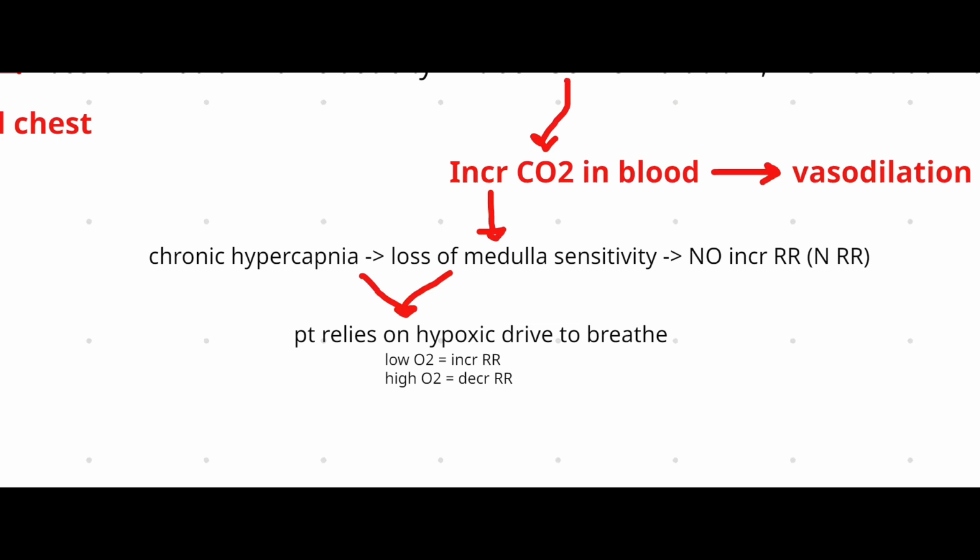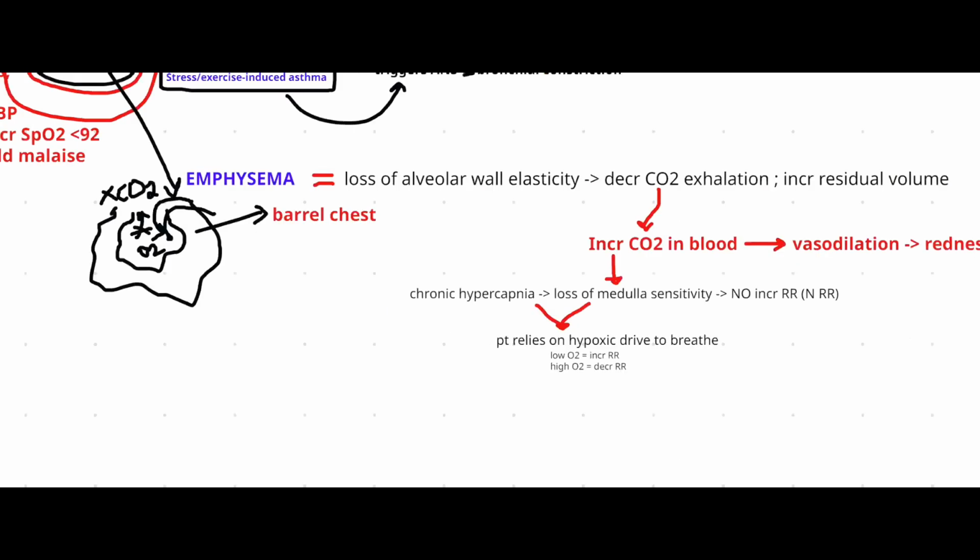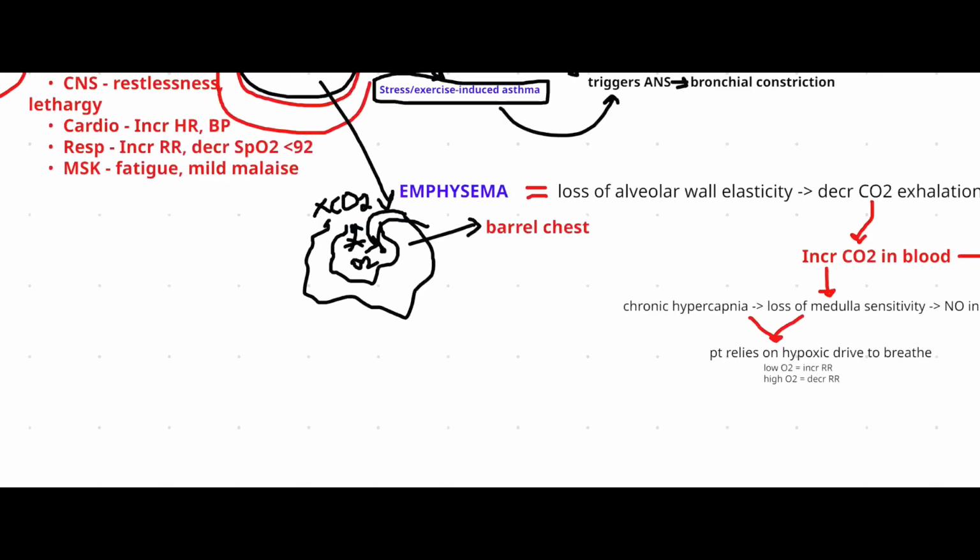And then there's another complication that happens from that, right? Because of the loss of the alveolar elasticity. So this alveolar wall here, what's going to happen is if you don't exhale the CO2, the other thing is the secretions kind of start pooling in there, right?